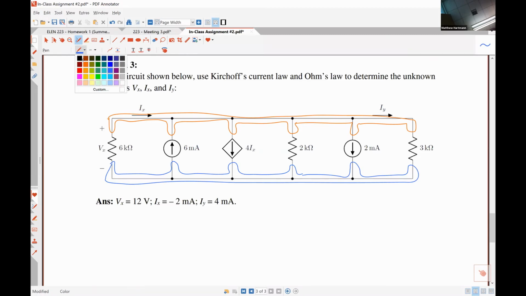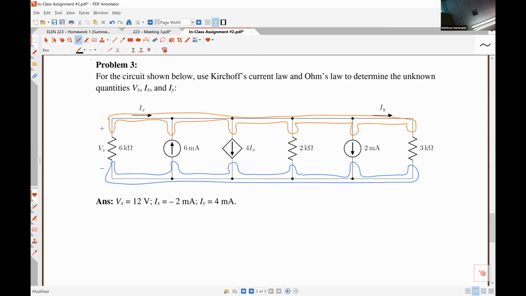I am going to be adopting the convention that currents that leave the top node are positive and currents that enter the top node are negative. So leaving is positive, entering is negative.